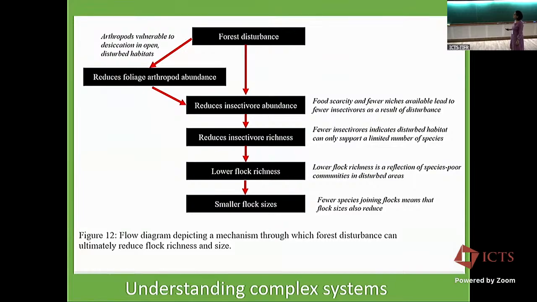And this forest disturbance could then affect the insectivorous bird abundance through reducing the arthropods, and also directly, because there could be physical disturbance, structural disturbance to the forest, which reduces certain niches for the birds. And this insectivore abundance then reduces the richness, because if you look at it in probabilistic terms, the more birds there are, the more likely it is that you will have more species as well.